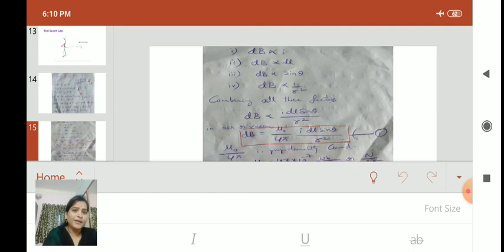So if you combine all these factors, dB is directly proportional to I dl sin theta by r square.